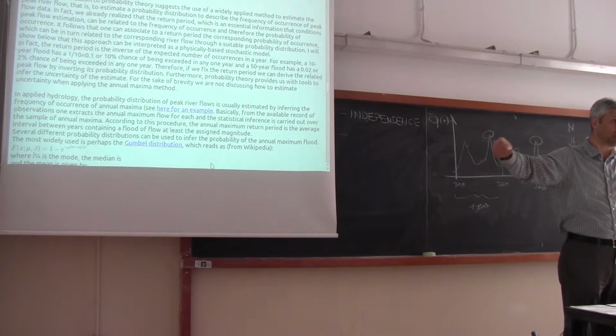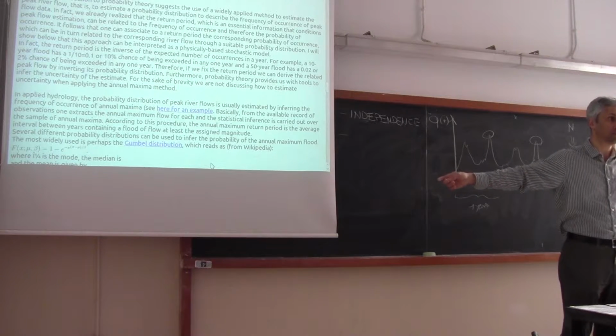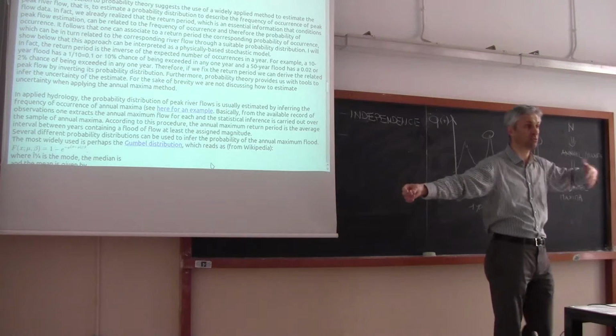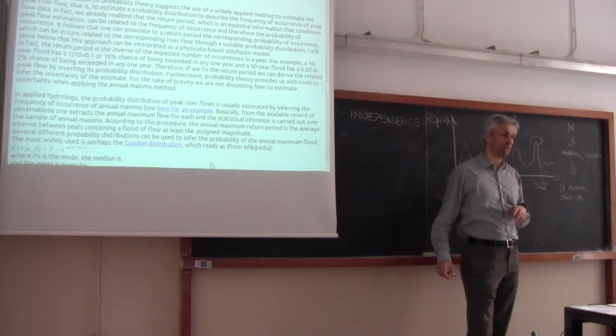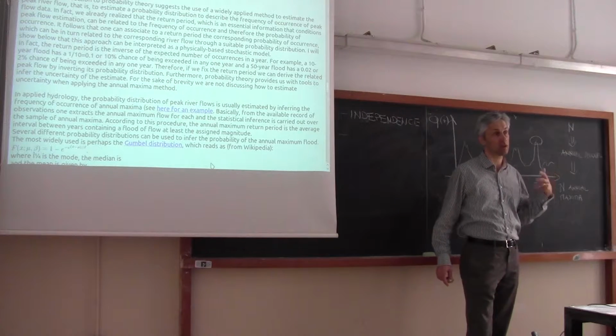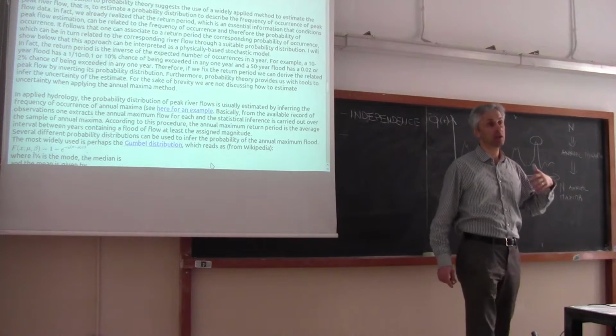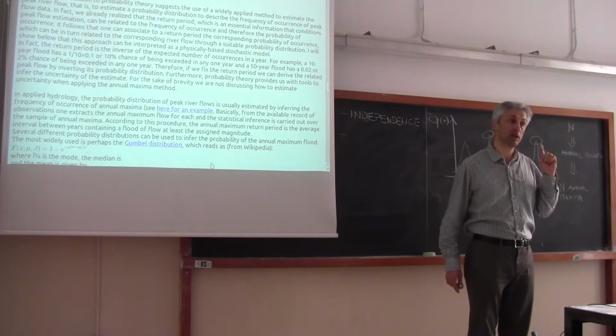I need to assume that the frequency of occurrence didn't change along this period, because otherwise what I estimate is not valid for the whole period. And this is something that may not be satisfied, because of climate change, land use change, human impact, and I'm particularly interested in this course in human impact.